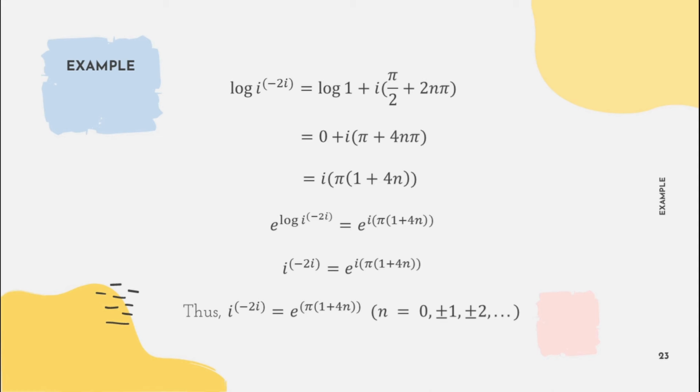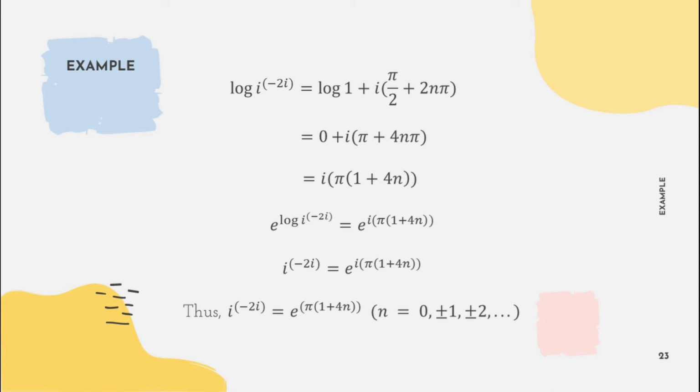Since log 1 is equal to 0, the equation changes into log i^(-2i) equal to iπ plus 4nπ i, or iπ times (1 plus 4n). Then, exp(log i^(-2i)) is equal to exp(iπ times (1 plus 4n)).